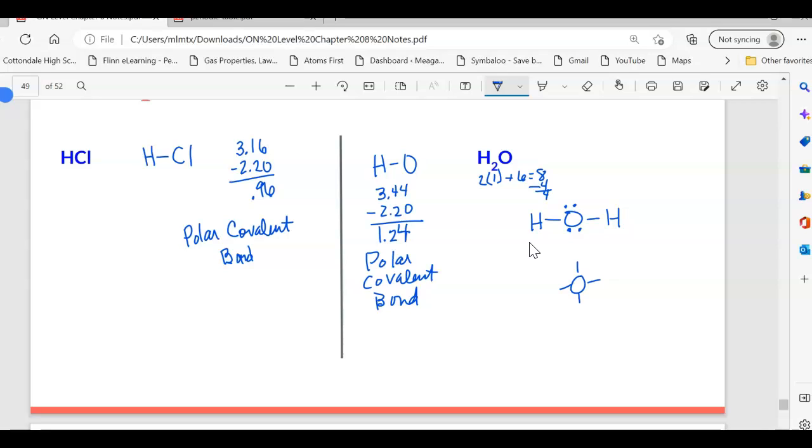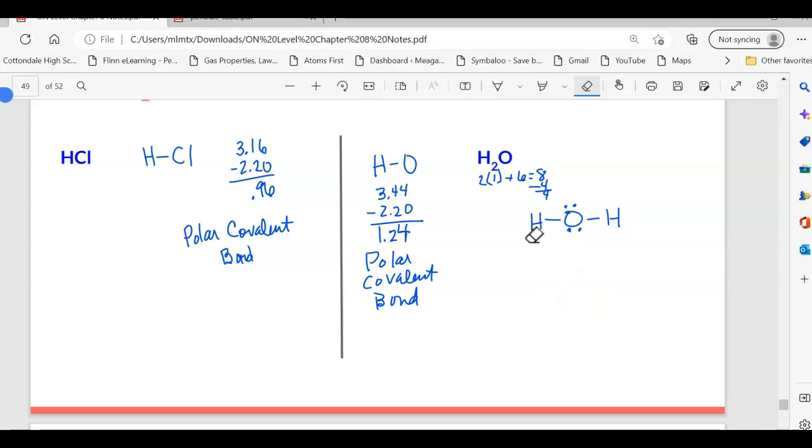So let's say we had oxygen bonded 4 times to hydrogen, which never happens, but let's pretend for a second. See how everything around this is exactly the same? It's identical all the way around. That would be nonpolar because everything is equal going around it. Nonpolar means there are no poles. Nothing is being pulled stronger. Everything is equal.